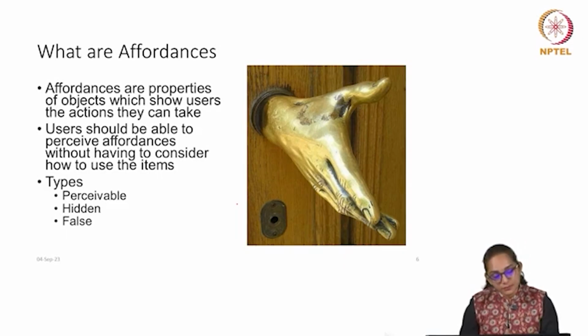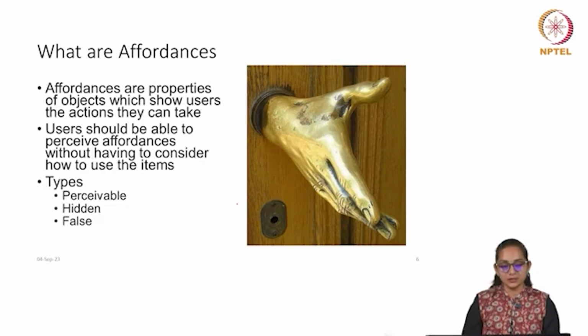Perceivable affordance is something which the user can perceive, see or hear or whatever modality is engaging, and they are able to sense it. They are able to perceive it, and it is also directing them to an apt action.